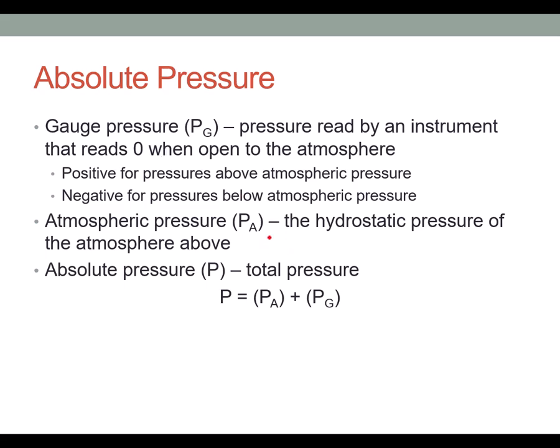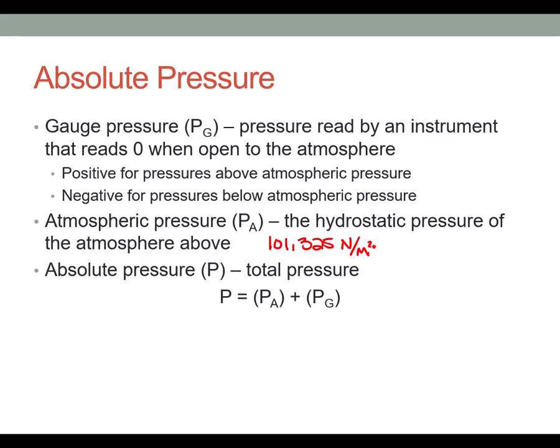And remember that this has a value at the surface of the Earth of 101,325 Newtons per meter squared. Okay, and then the absolute pressure is the total pressure, which is the combination of these two things. You have to take atmospheric pressure and add it to gauge pressure.